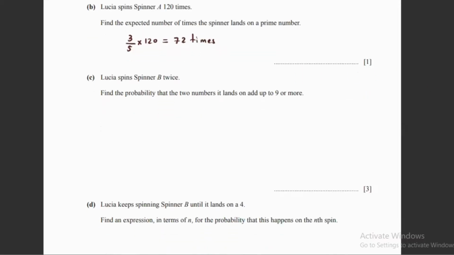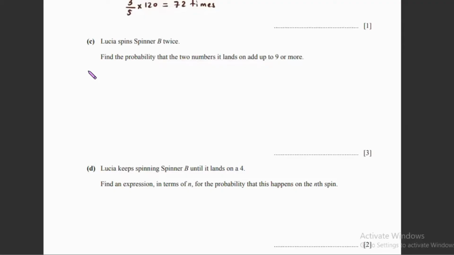Then the next question, Lucia spins spinner B twice. Find the probability that the two numbers it lands on add up to 9 or more. In this case, the same spinner is spun twice. In spinner B, we have 3 3s, 4 4s, and 2 5s.